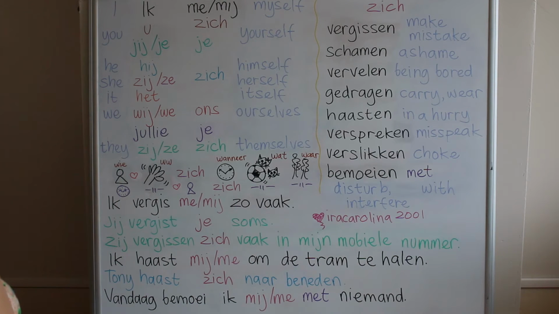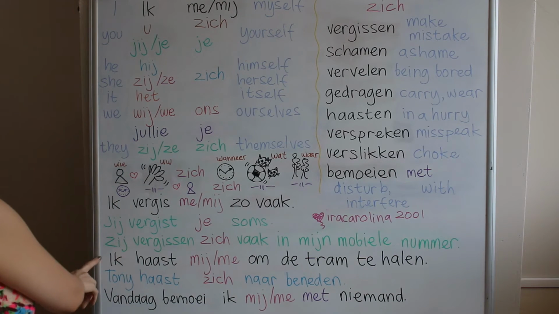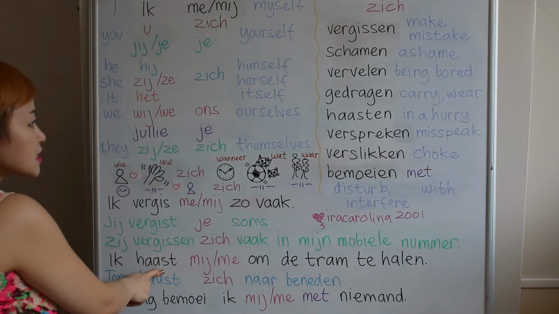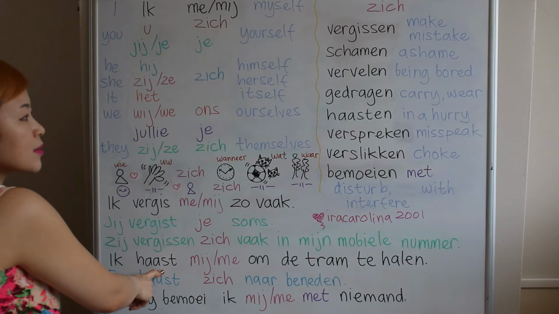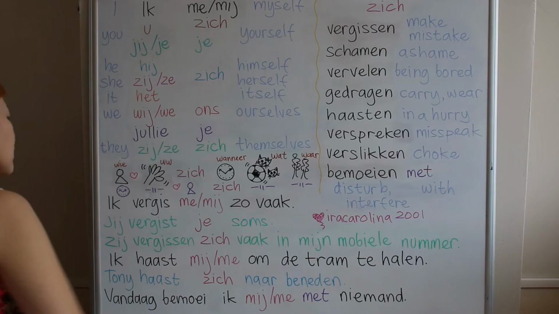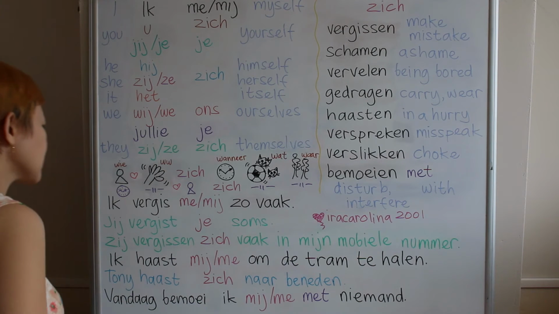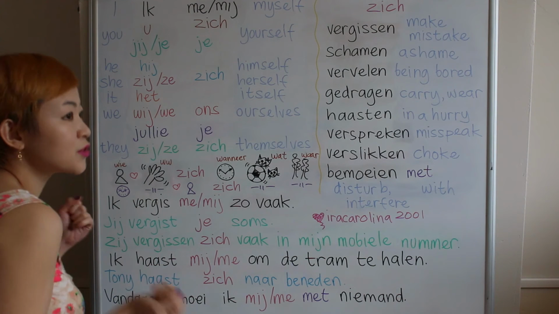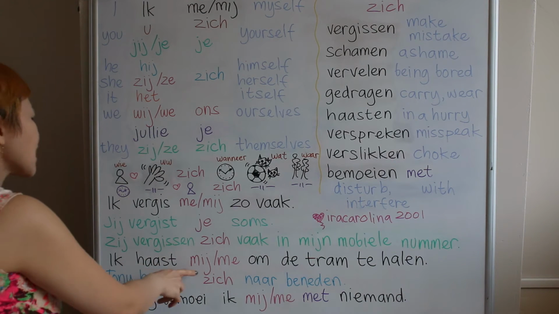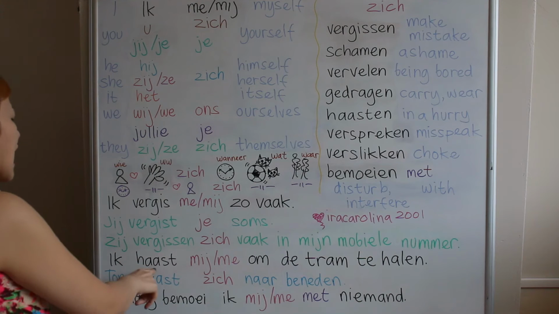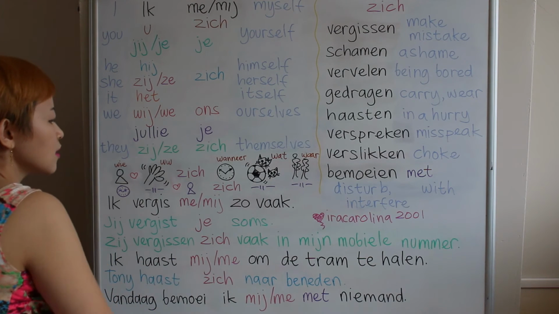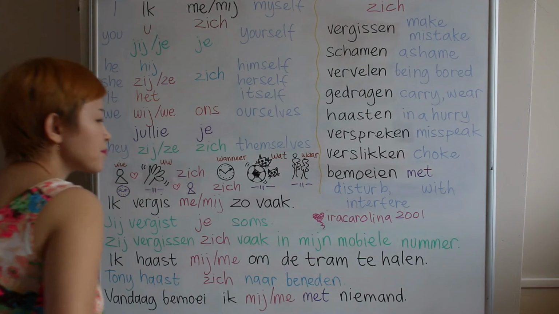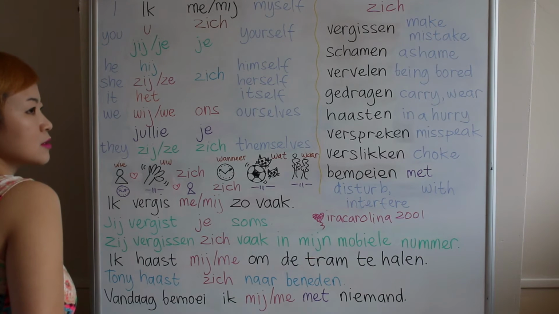she. And then ik haast, hurry, or in a hurry, or hurry myself, because of course, when you are in a hurry, you hurry yourself. Ik haast mij, or ik haast me, the tram to.